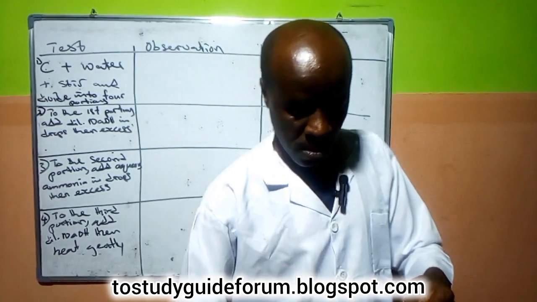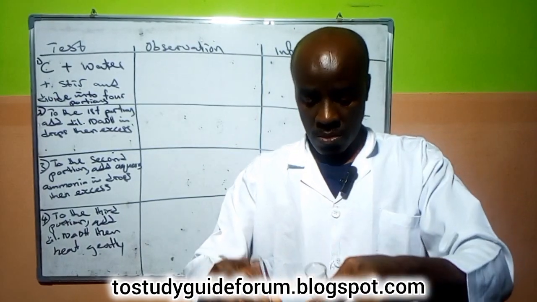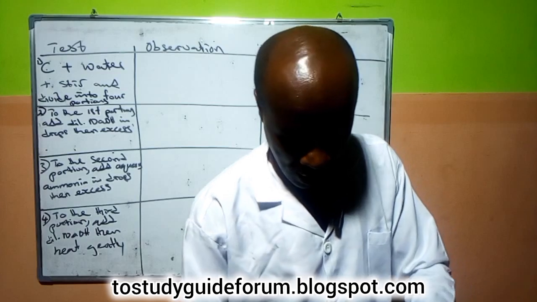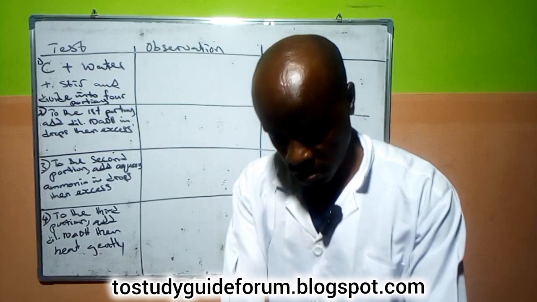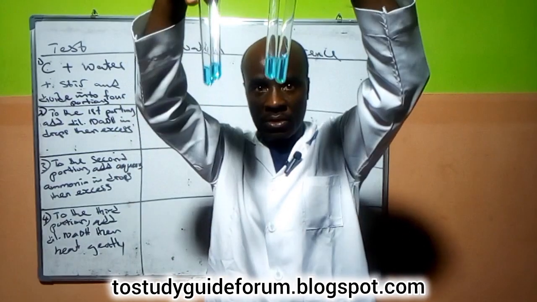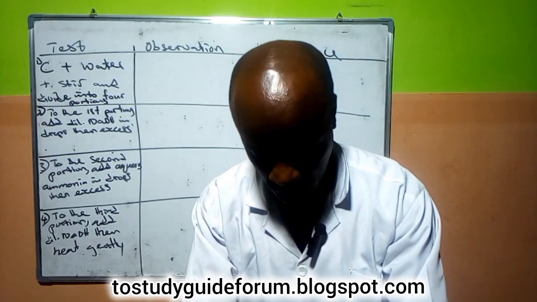All right, I really need to get this thing right the first time. All right, now I have all the portions. These are all the portions, they are all here. So I'm going to be taking it one after the other based on what I have there.